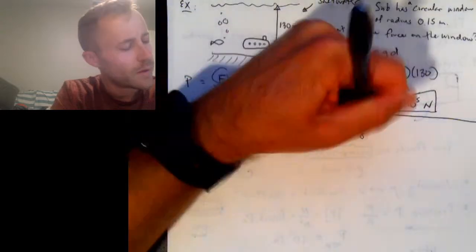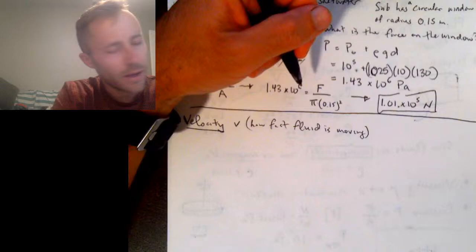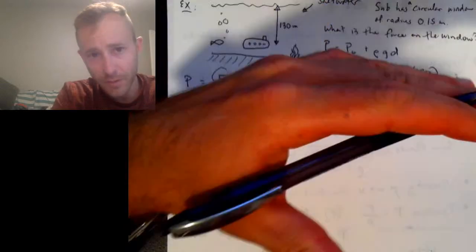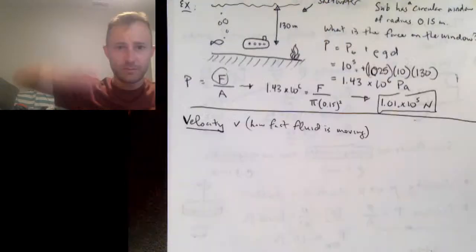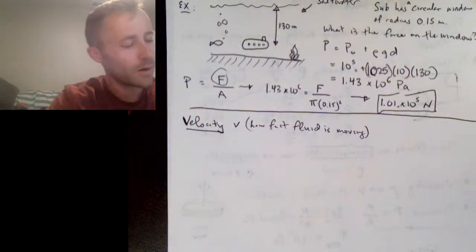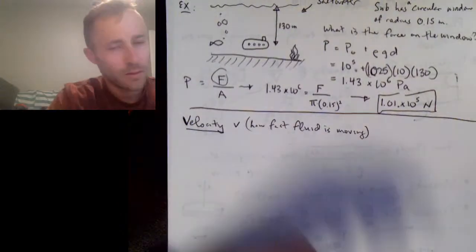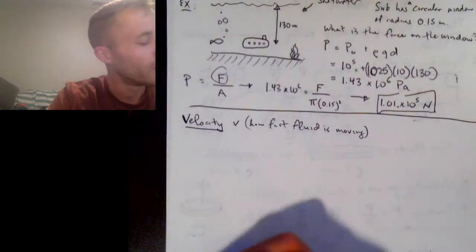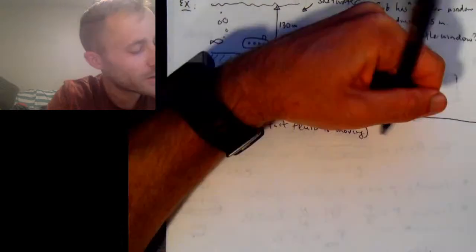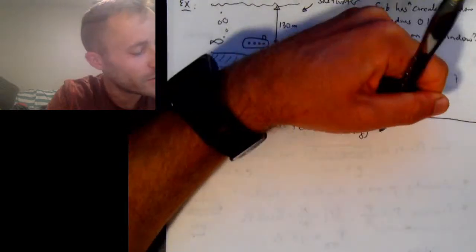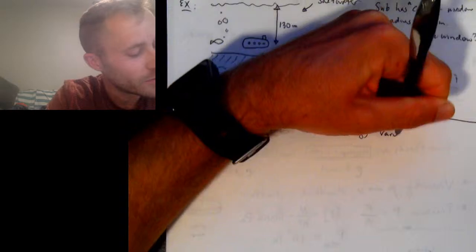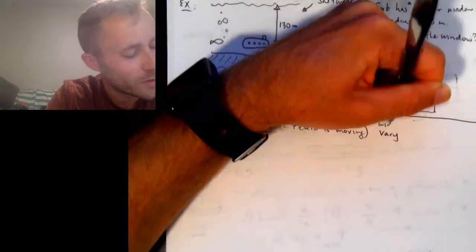And just like pressure, remember how pressure varies with depth, it can vary from place to place. The velocity of a fluid can vary. So it will vary from place to place.